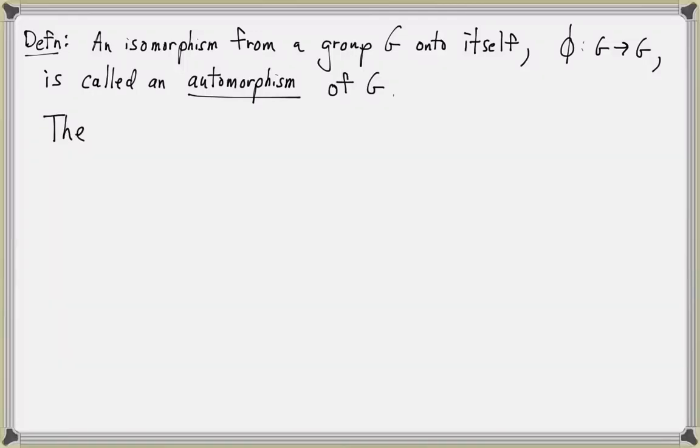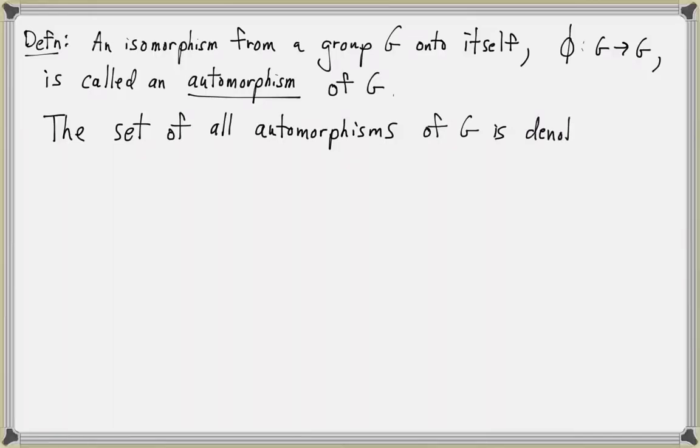The set of all automorphisms of G is denoted Aut of G. Now it is a fact that the set of automorphisms of G actually forms a group under function composition.